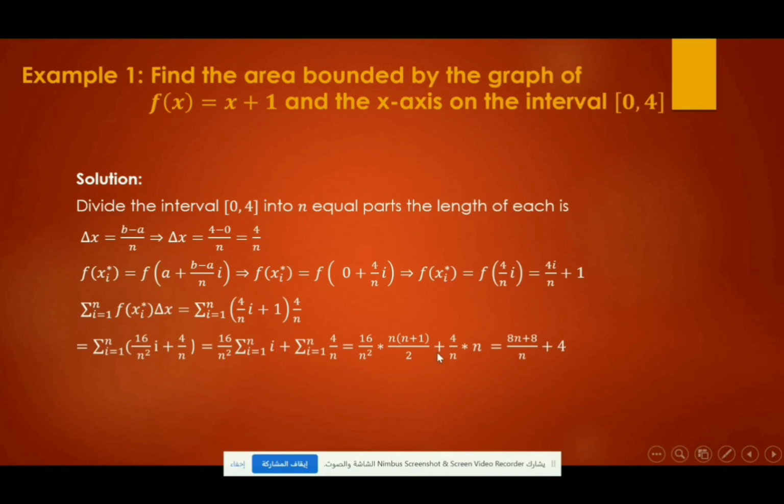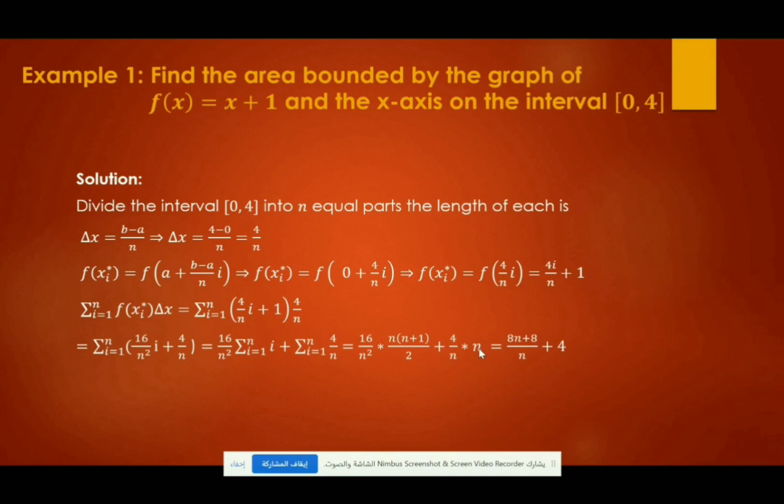That will let you use the next property, which is 4 over n multiplied by n. It is actually property number 1, because 4 over n has no i, and anything that has no i is a constant. That means the constant is multiplied by n, using property number 1.